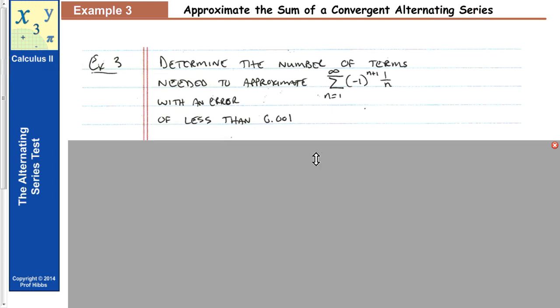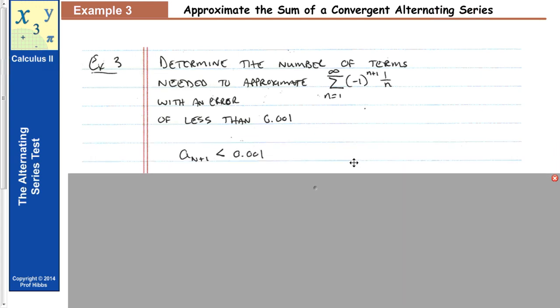And so, as we did before, we're wanting to make sure that the capital N plus 1 term is less than 1/1000th, because the error will be less than this N plus first term. The error is less than this term when we approximate with N terms.